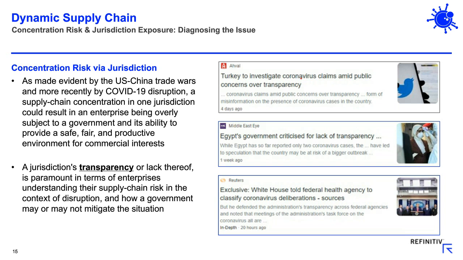So we have some, at this point outdated, examples on the slide here of the media conveyance of transparency issues within certain jurisdictions.